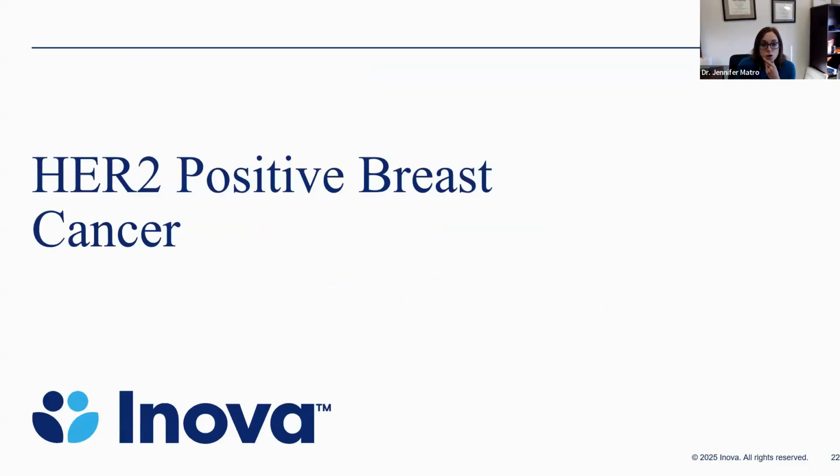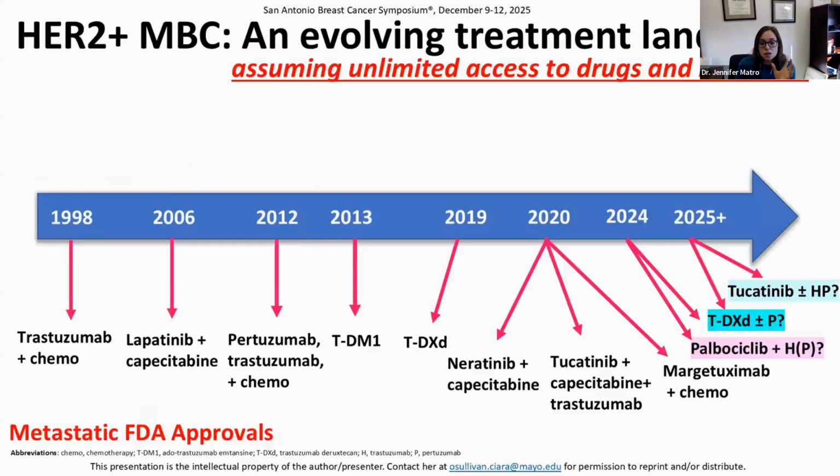Okay, so moving into HER2 positive breast cancer. This is another graph just showing all of the progress that we've made in the last 20 years. In the last 10 years especially, we've had a boom of lots of different medications approved.